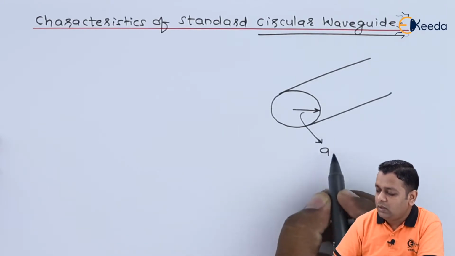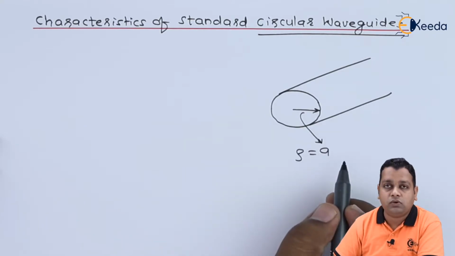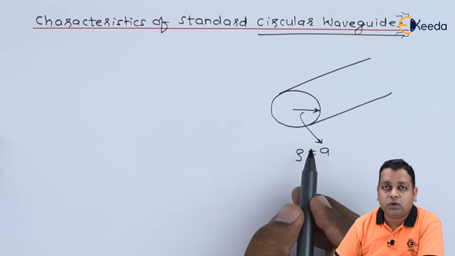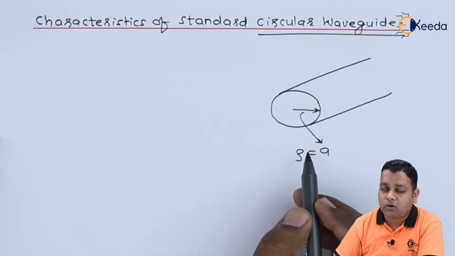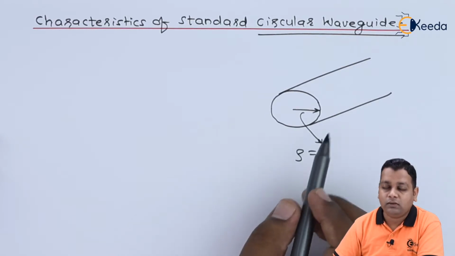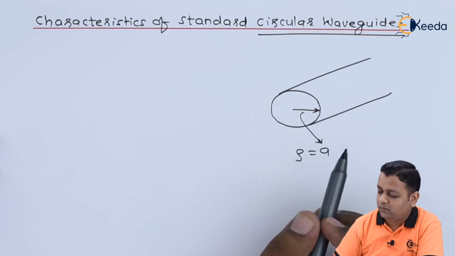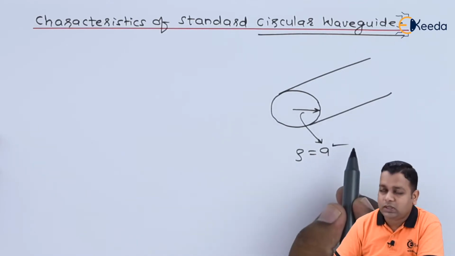We can see here the radius we have denoted rho is equal to A. For analysis purposes, we have been using the cylindrical coordinate system, where rho is the parameter in the radial direction, measuring the radius of the cylinder. So here we have used A.